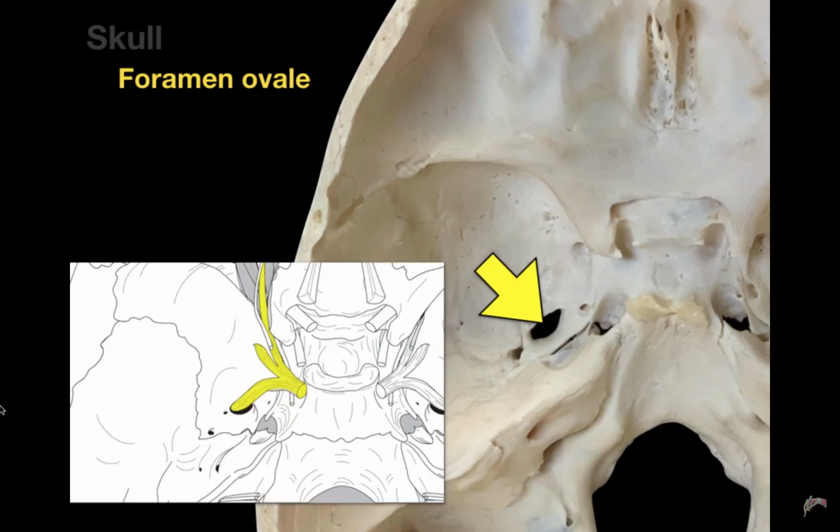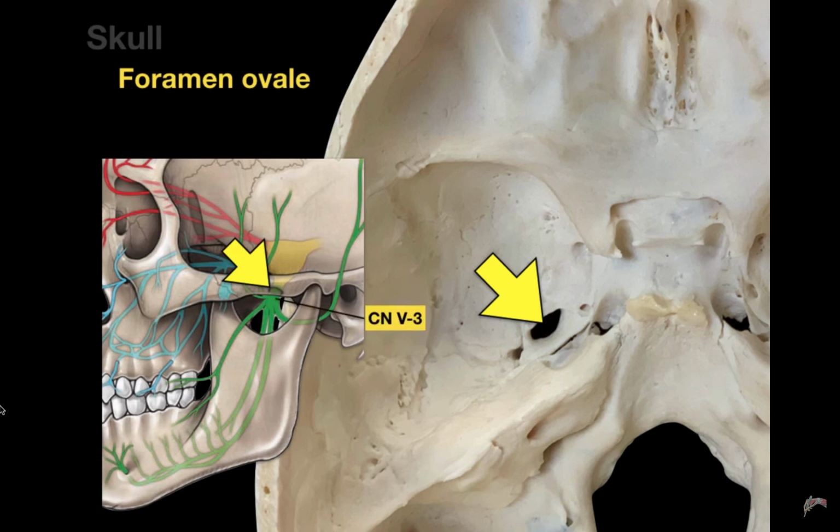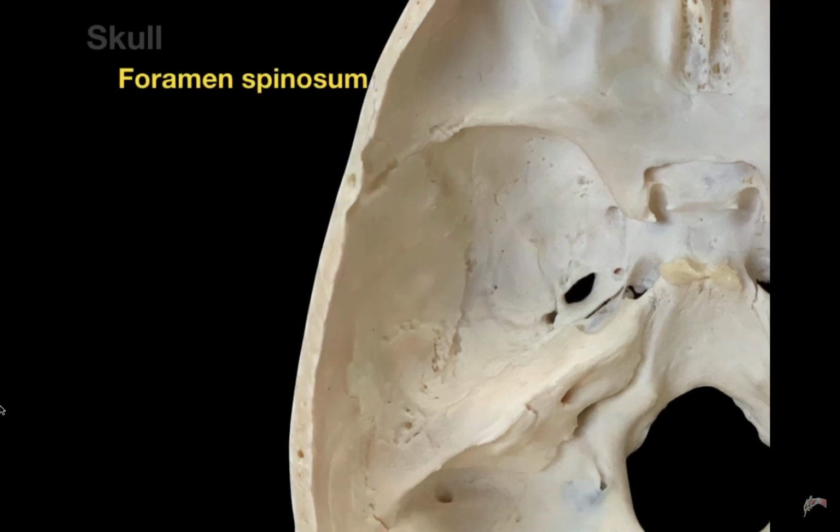Now the foramen ovale is for the V3 nerve. So there's our trigeminal nerve, cranial nerve 5, and there's V3 going through the foramen ovale. On the bottom of the skull, that's where V3 goes into the infratemporal fossa and supplies the mandible, tongue, and lower part of the oral cavity.